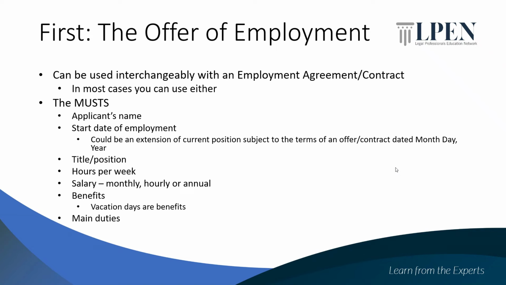And part of my job as an immigration representative is to review the employment agreement or the offer of employment and to make sure that it meets the requirements for the type of work permit or application that the employee is applying for. I sometimes have to draft job offers, and we'll take a look at what this looks like very basically.